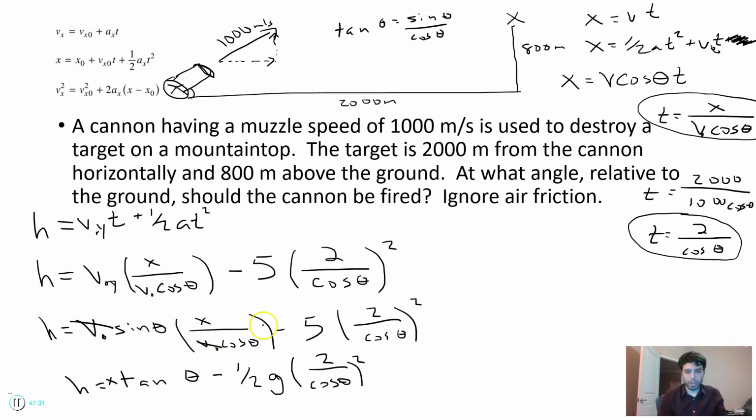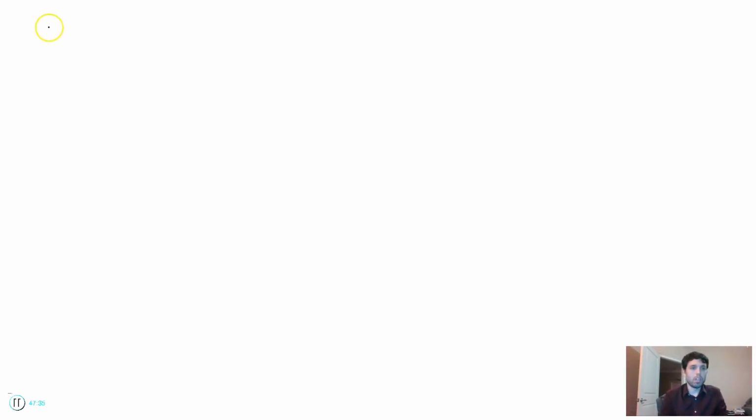All right, I'm going to go to the next screen now. Okay, so I'm going to rewrite everything. So I have h equals x tangent of theta minus 1/2 g times the 2 over cosine theta squared. Right? So here I am. What's next? All right.